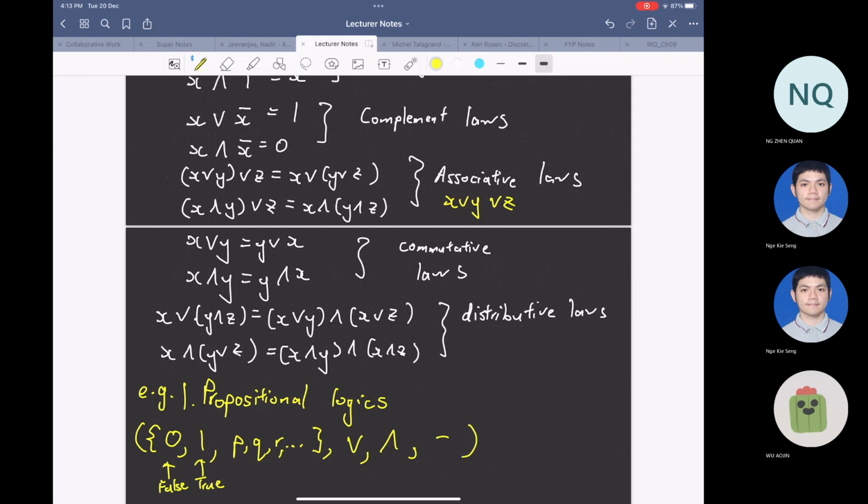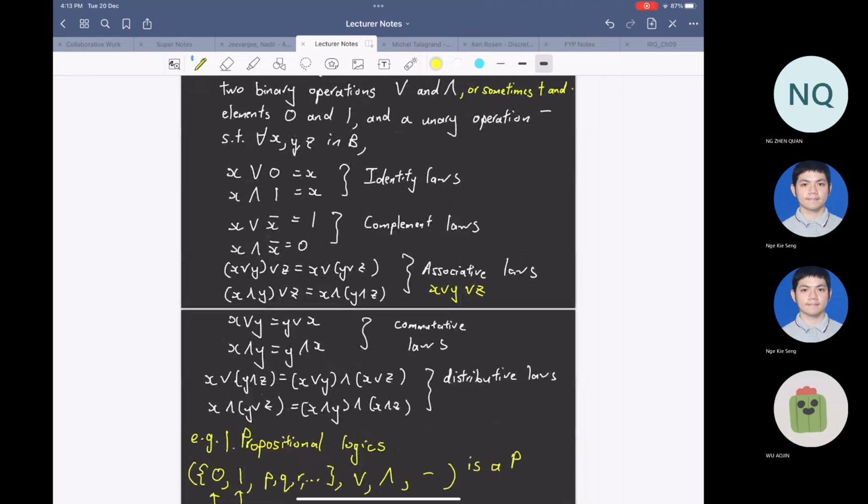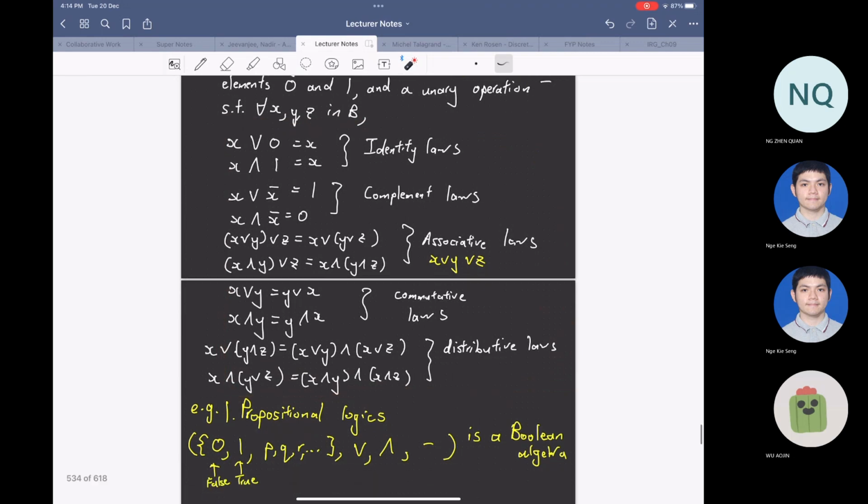The claim is that this is an algebra. Remember the long list of formulas in propositional logic that we had last time? You kept asking me whether I needed to remember them or not. Those comprise all the laws here. We need these laws to hold so that it is a Boolean algebra.